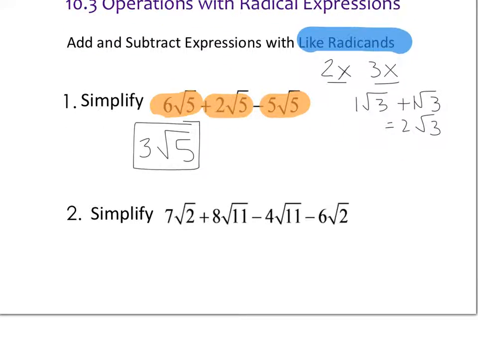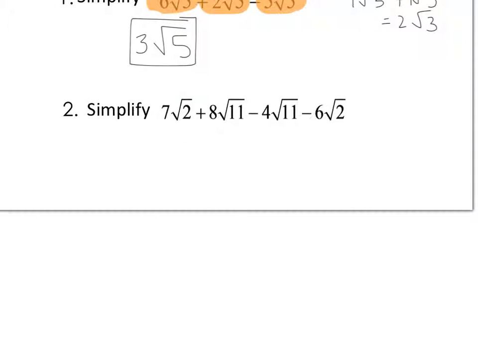Let's look at number 2. Number 2 is a little bit different in that I don't have all the same terms being like radicands. I see 7 square roots of 2 matches up with the negative 6 square roots of 2. And I see 8 square roots of 11 and negative 4 square roots of 11 that are together. So here's what I'm going to do to simplify this expression.